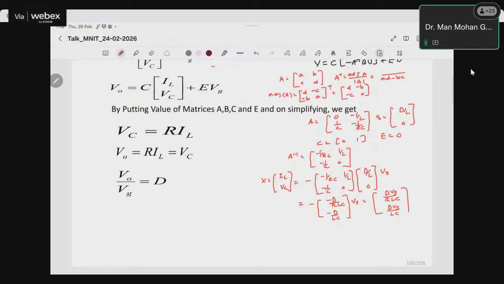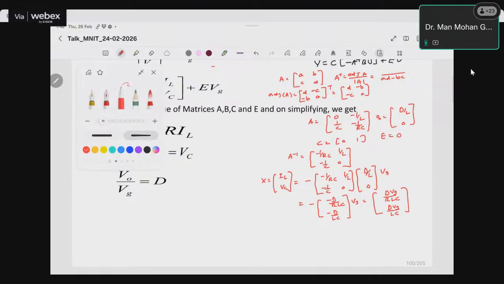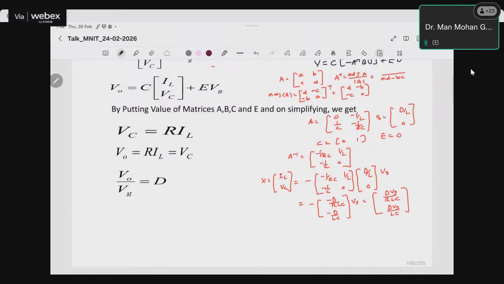We are missing one thing here. This is just the adjoint only, and we need to divide it by this value, AD minus BC, which is 0 plus 1 upon LC. So that is multiply by LC, right?